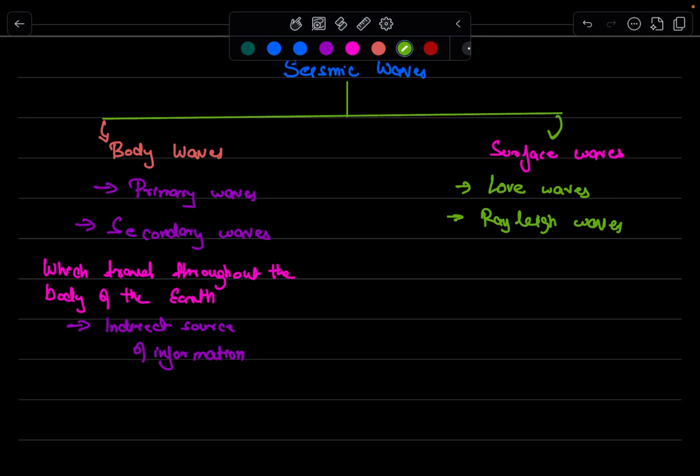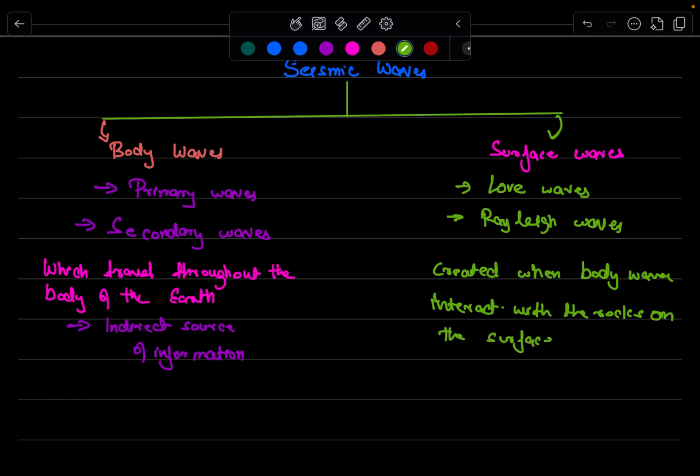Surface waves, these are the waves which are created when body waves interact with the rocks on the surface, and they are actually the most destructive, both surface waves, more than body waves.